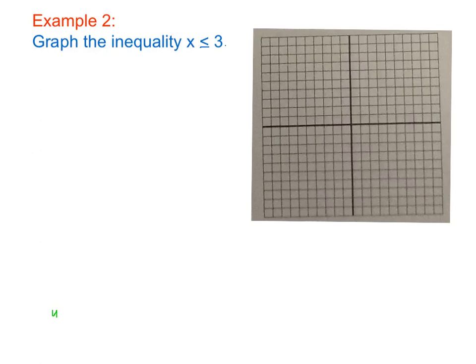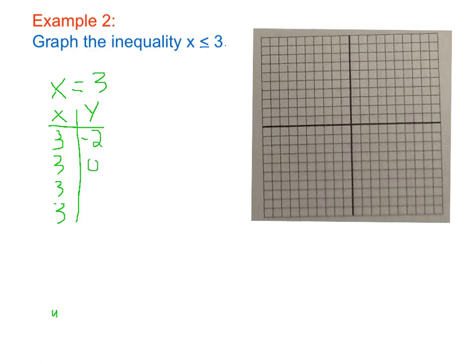Alright, so here we have our second example, and we want to graph the inequality x is less than or equal to 3, so I'm going to treat it again like an equation. So let's say x equals 3, and if we do a t-chart, one column for your x, one column for your y, that means every single point or coordinate on this line, the x value is 3. So I'm going to put some 3's here, and we can just match up a y value to go with it.